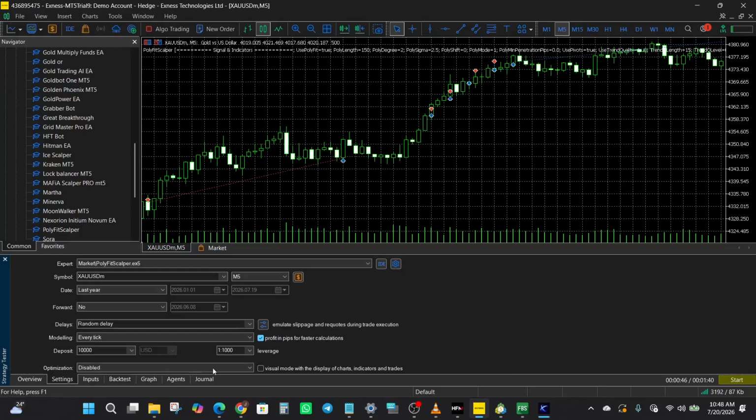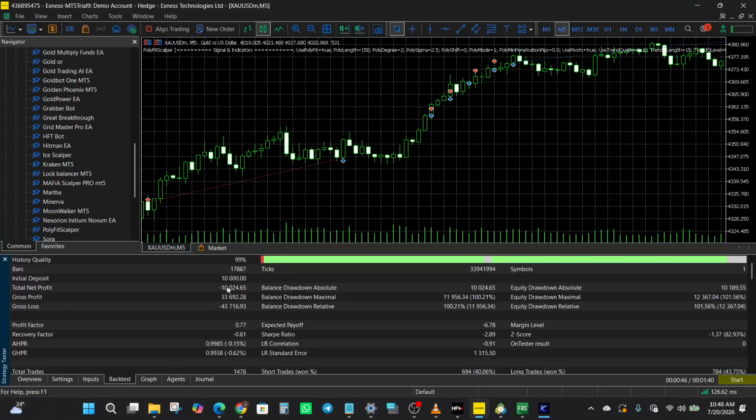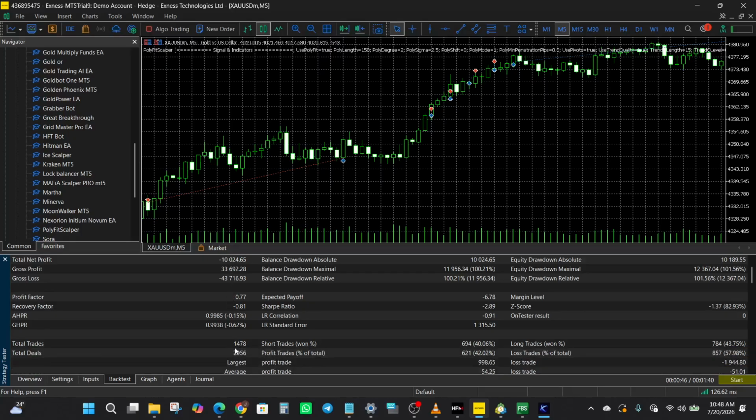This backtest covered XAU USD on the M5 time frame from the start of January through mid-July 2026. Now, it had a history quality of 99%, and across 1,478 total trades, the win rate came in at 42%.